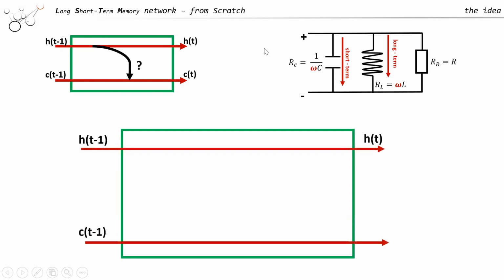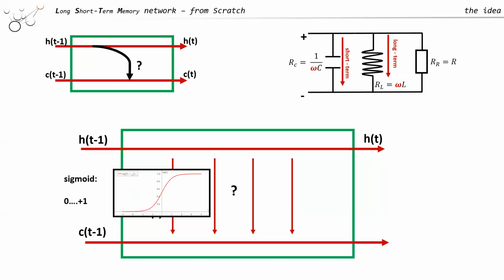And now let's try to understand how to connect them with each other. We have these different strains and they have to be connected. One idea is, if we want to pass information from H to C, we can do this with a sigmoid function. As you remember, the sigmoid function maps values from minus to plus infinity to 0 to 1.